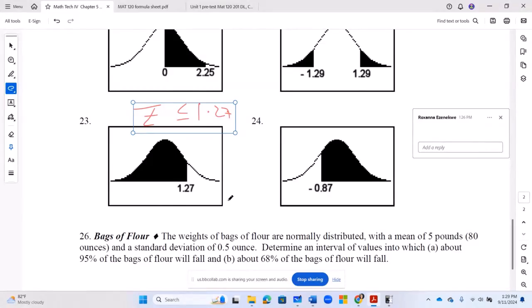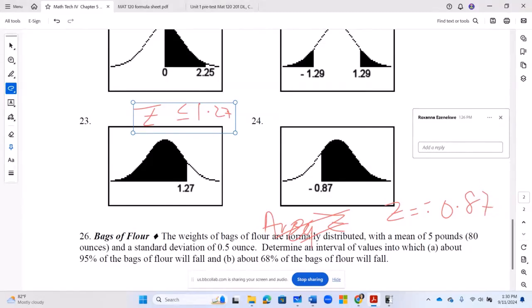So all you have to do is find the area to the right of z equal to negative 0.87.